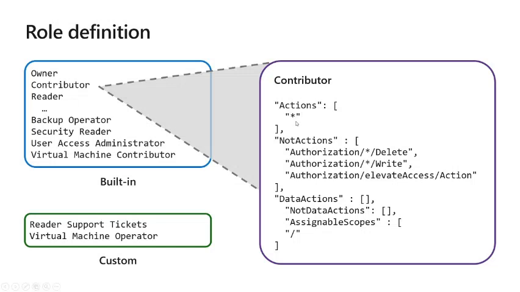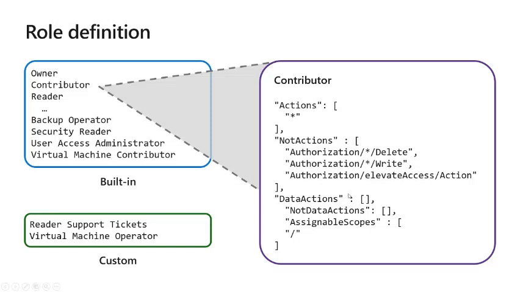Star means it can do everything. NotActions are what you cannot do. So you can do everything, except authorization, deleting everything. You don't have authorization to delete, you don't have authorization to write, and elevate access. So you cannot elevate access.